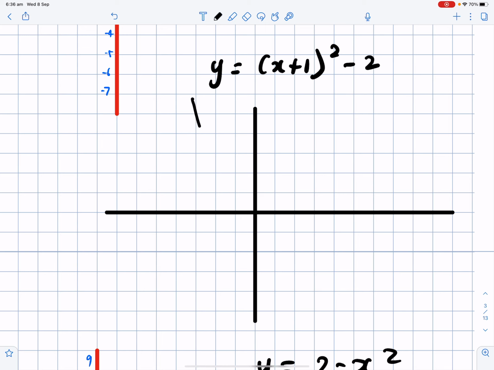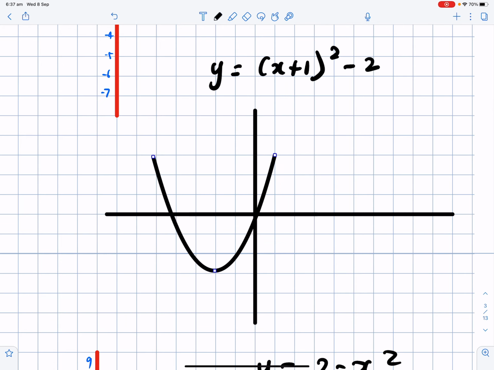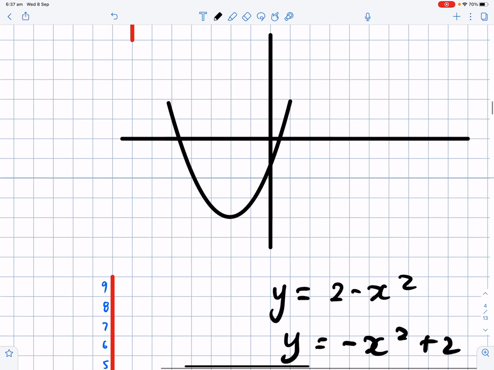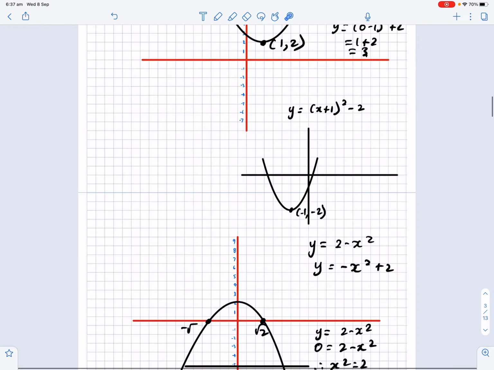So if you were to draw a normal parabola like this, move to the left 1 unit and move down 2, you know that this is -1, -2, because you went this way 1 and now this way 2. Now just by looking at that, you can see your axis of symmetry is X is equal to -1 and your vertex is -1, -2.